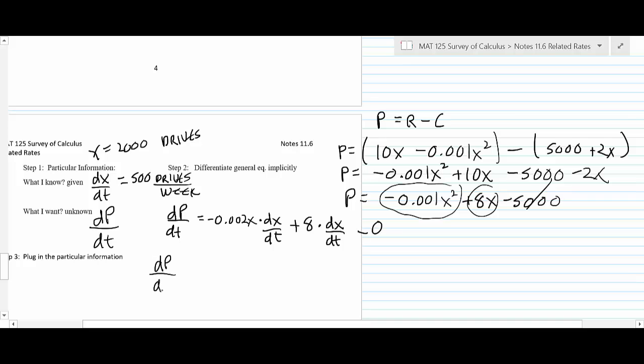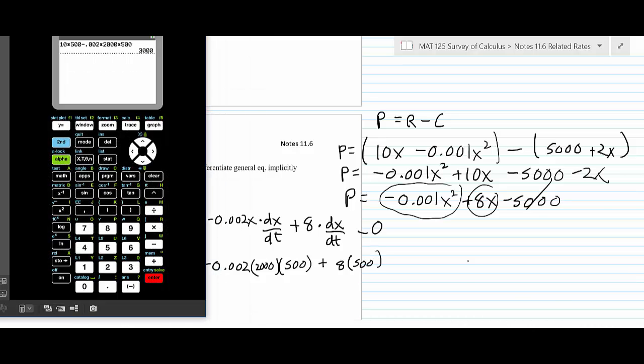Now, really, all you got to do is plug in the information and then use your calculator. So we'll have negative 0.002 times x. x was 2,000 drives. Then we have dx dt, which was 500. And then we have plus 8, and dx dt again was 500. Then you can go to your calculator and see what you get.